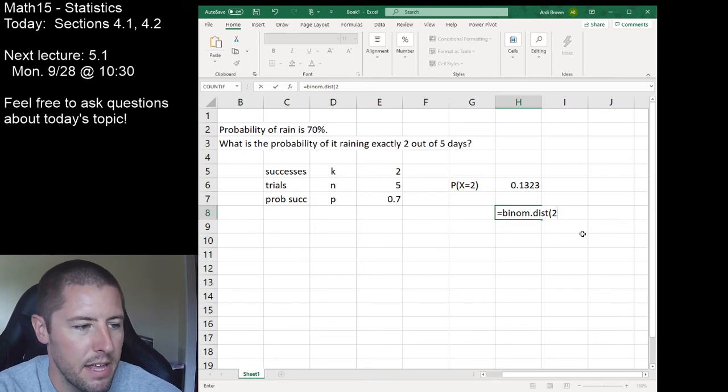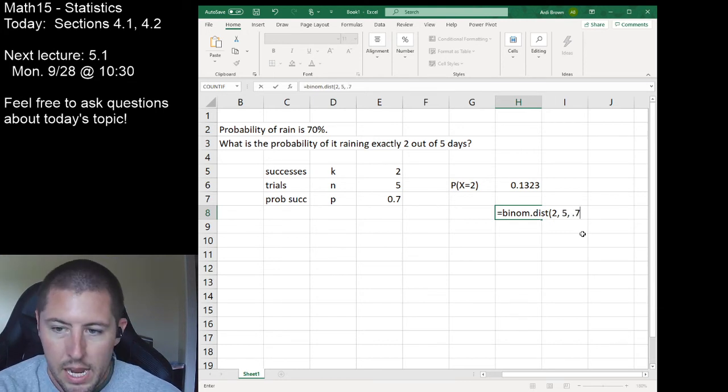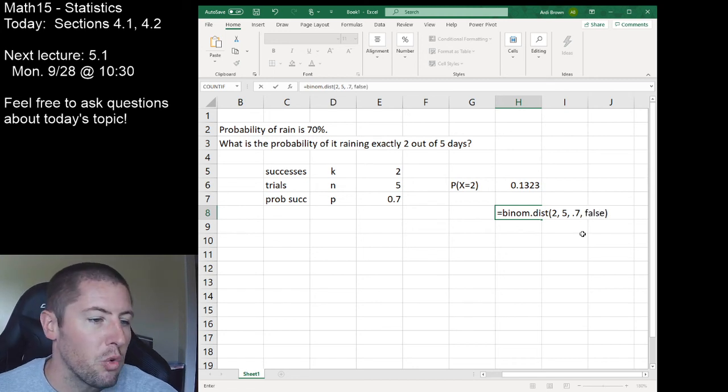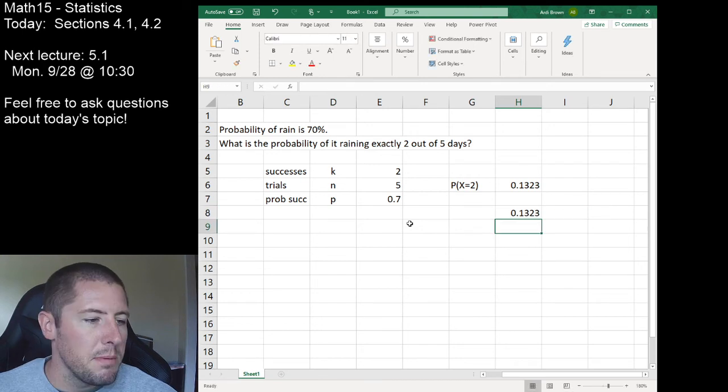So it's always looking for number of successes first. Here, that's 2. Number of trials second. Here, that's 5. Probability of success, 0.7. And is it cumulative? False. In this computation, I am directly entering the numbers 2, 5, and 0.7 rather than referencing them out of this guy right here. But again, I hit enter and it still gives me the correct answer.